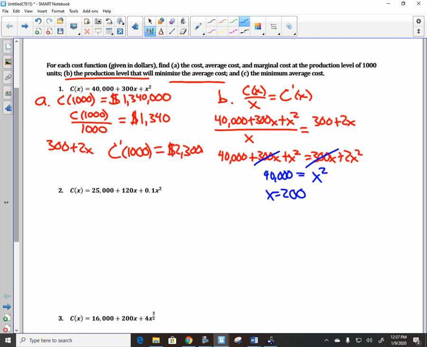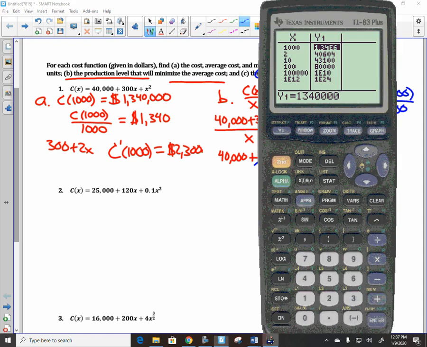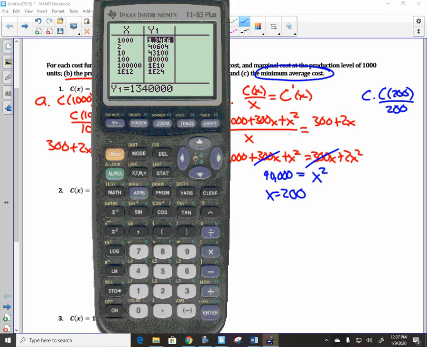The final question is, what is the minimum average cost? This is where people make mistakes on the test. The minimal average cost. First, let's figure out the cost of producing 200 items, and then let's divide it by 200. I'm going to use my calculator to help me out. Do I know the cost of producing 1,000 items?